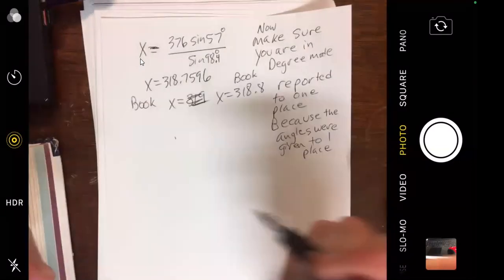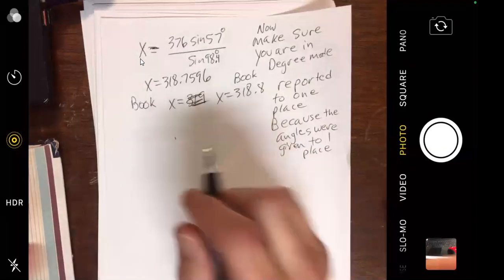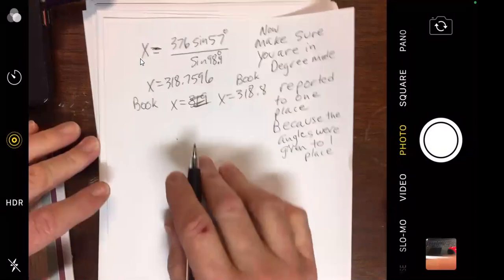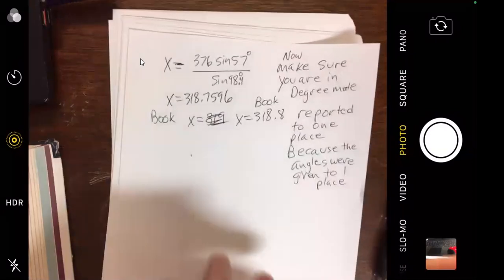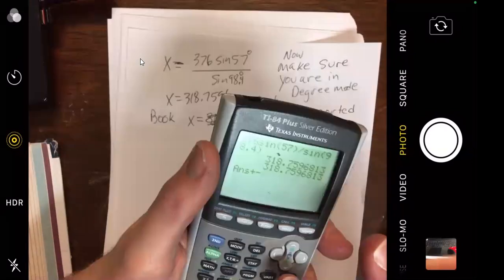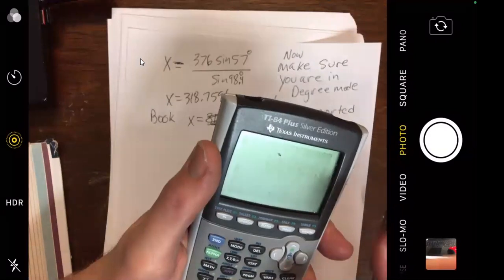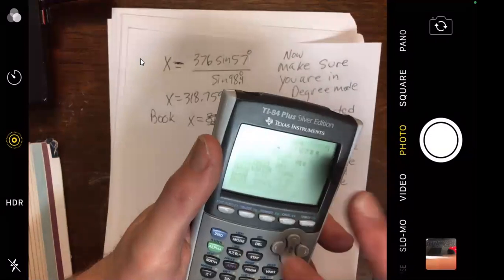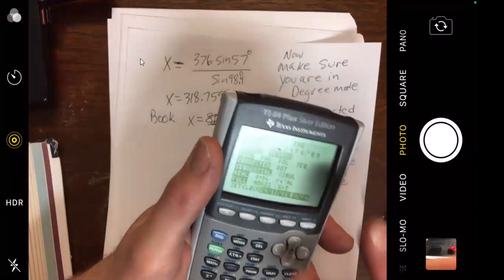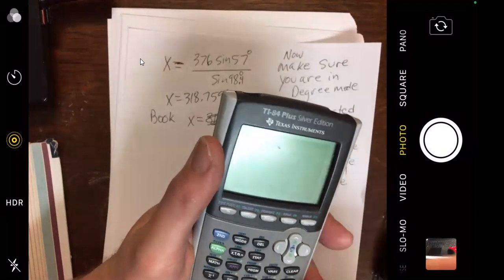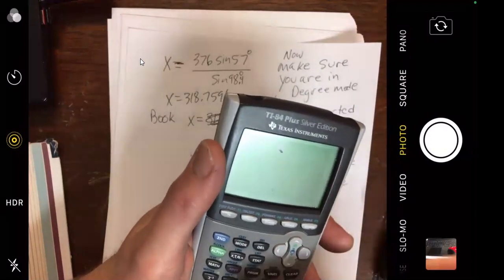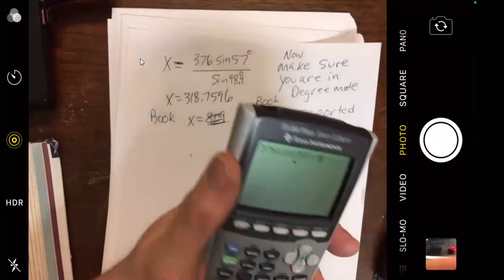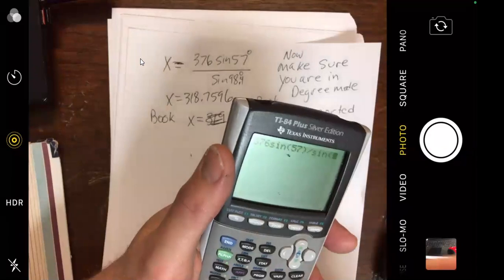I'm not that picky about the rounding, and I'm not going to do a true or false based on tricky rounding like that. Just to show you that the degrees do make a difference, let's put it in radian mode. 376 sine 57. See, that's 57 radians, and you're dividing by sine 98.4.